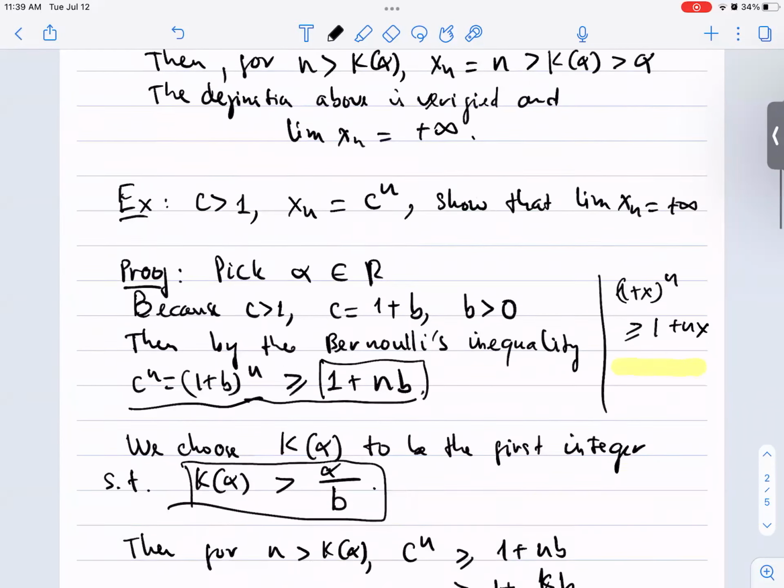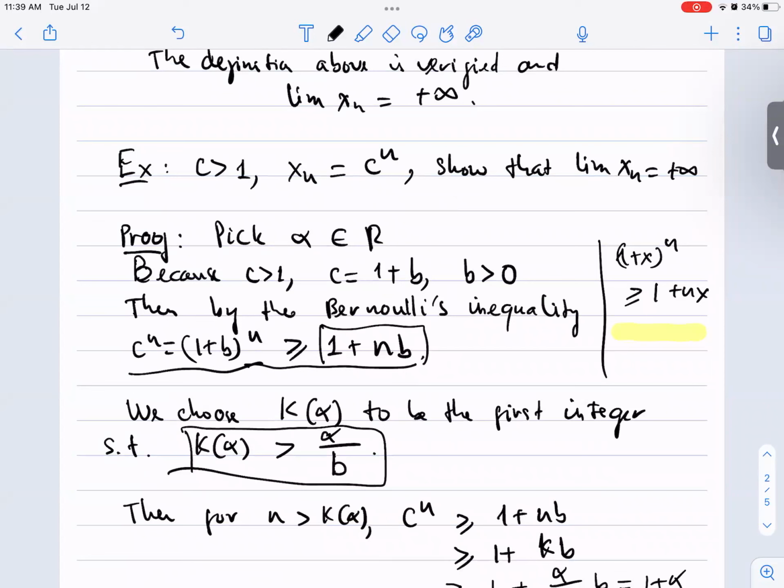Here is another example. For some number c greater than 1, xn here equals c to the n. We would like to show that the limit of xn is also equal to plus infinity. So the proof here follows a very similar pattern to the previous example.